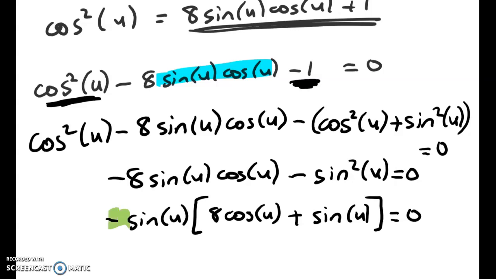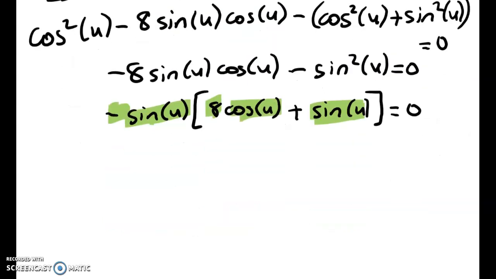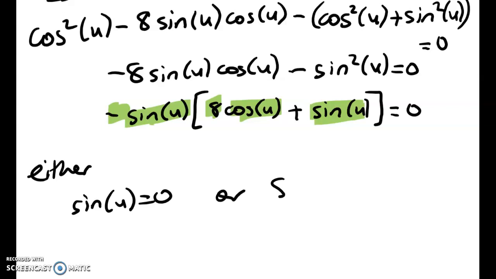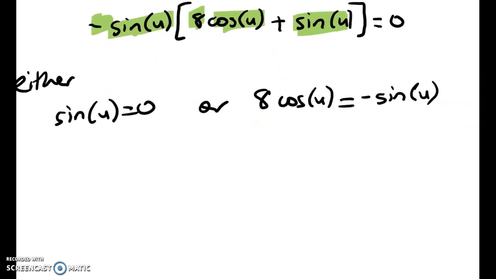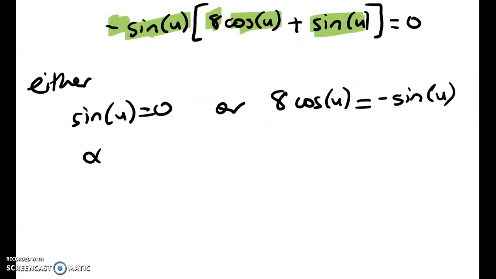We've got negative 8 sine u cos u minus sine squared u, so that's looking good. That means that either sine u is equal to 0, or 8 cos u is equal to negative sine u.